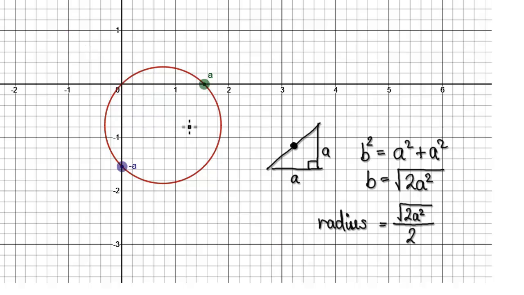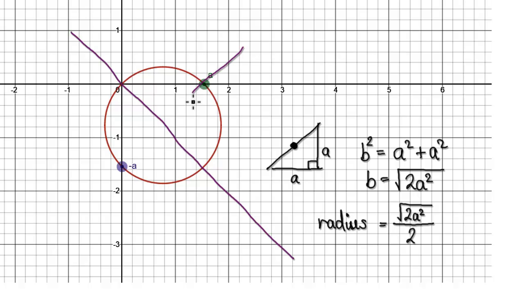So the next question is to find out where the center will be, and the radius of the circle as well. We know the center of the circle must lie somewhere on this diagonal line.